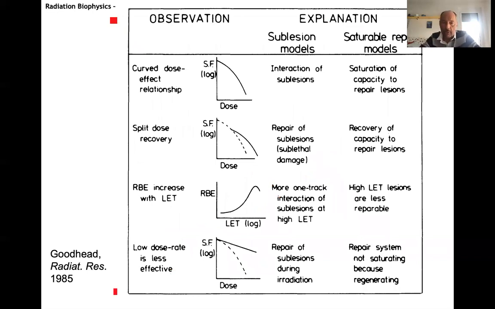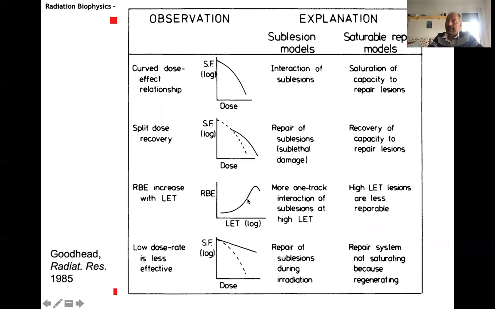So eventually, you see, even if you use a saturable repair model, you can interpret the RBE. In this case, this is the difference between sublesion models, like the microdosimetry model, and the saturable repair models.